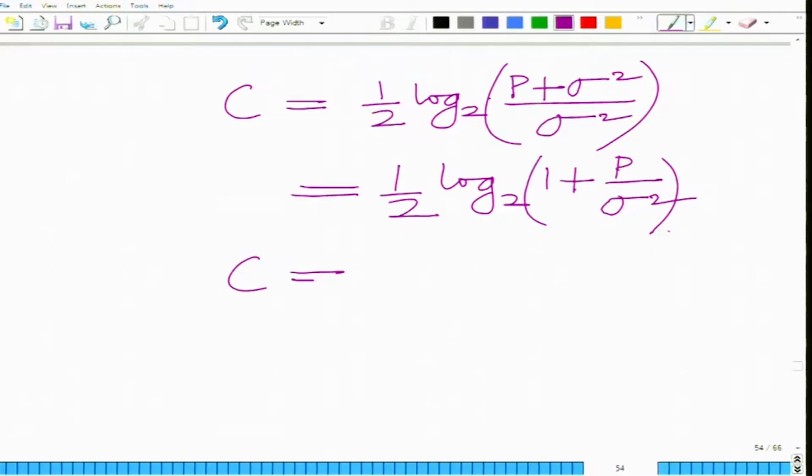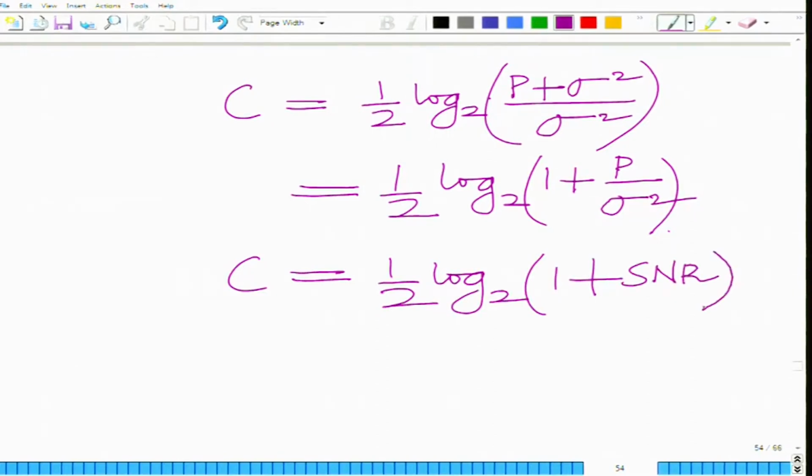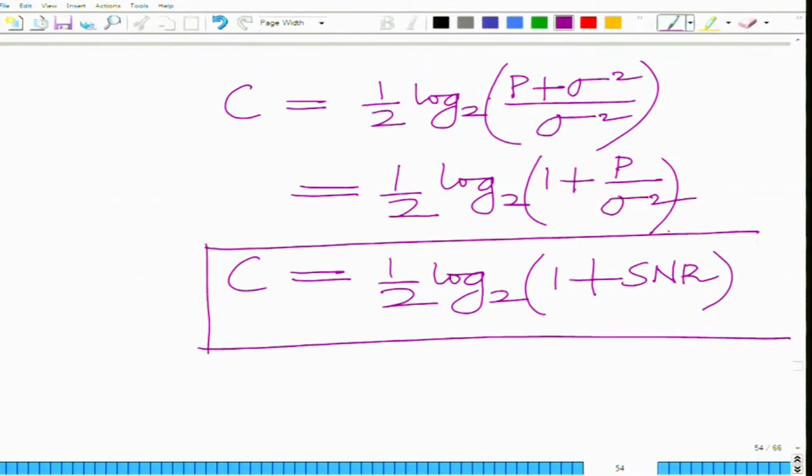Therefore, we have the celebrated result for the capacity of the Gaussian channel, that is log to the base 2 of 1 plus SNR.